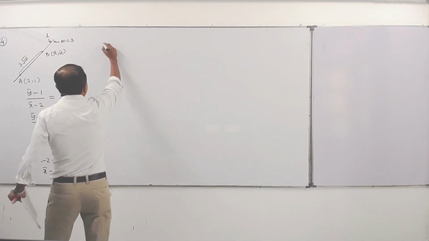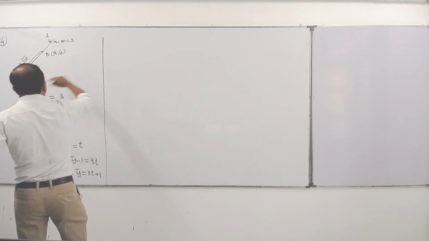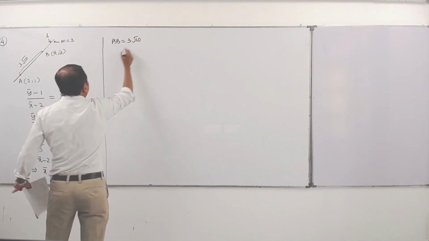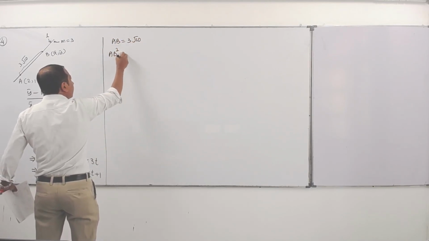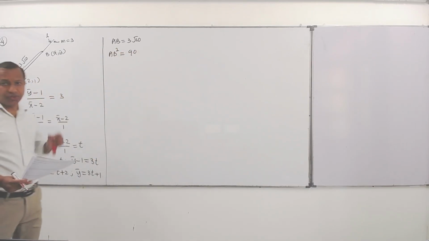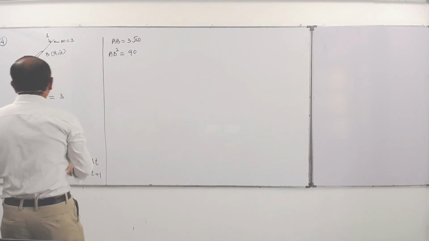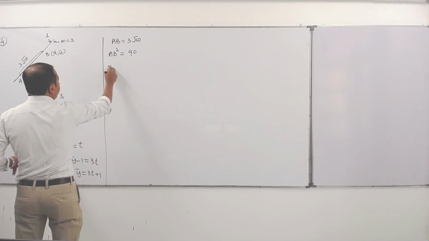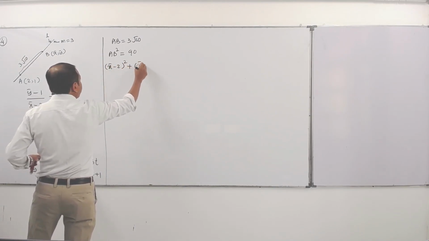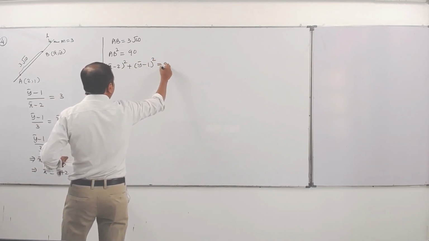Now we know the distance between A and B is 3 root 10, then AB squared is 90, after squaring the right hand side. Now I can write AB squared: difference of x coordinates squared plus difference of y coordinates squared equals 90.